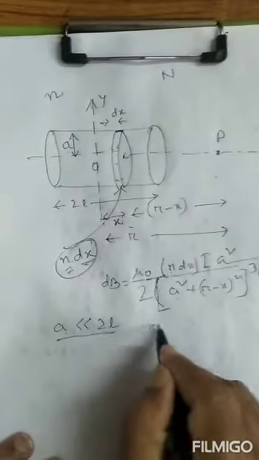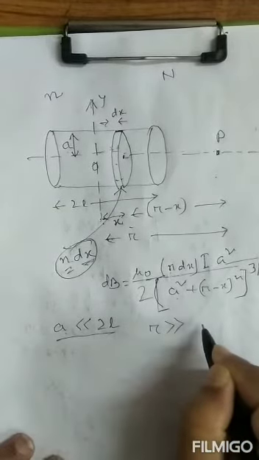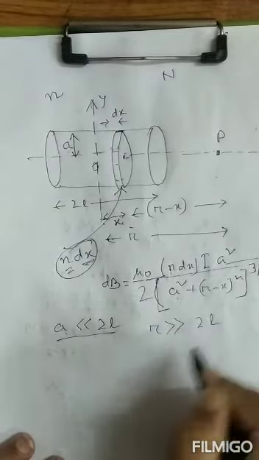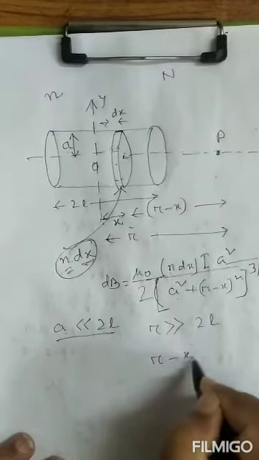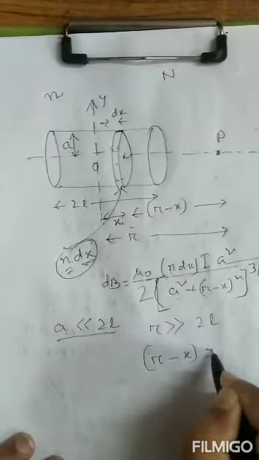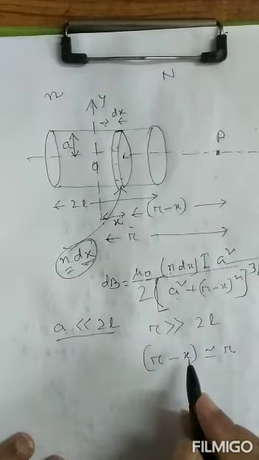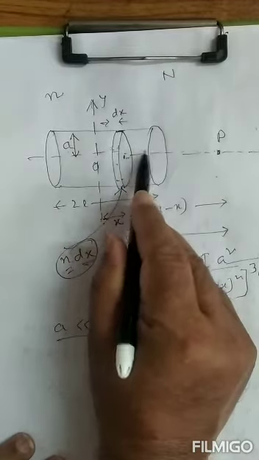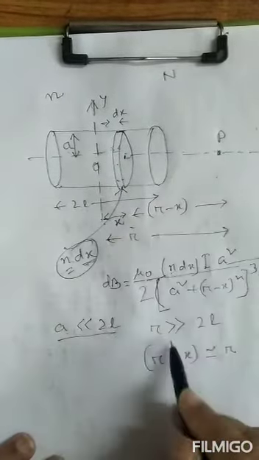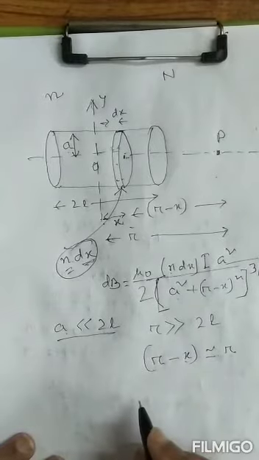That means R is very, very much greater than, normally, twice L. And under that situation, R minus X is equivalent to R. Normally this distance is very, very small and this distance is very large. So R minus X is equivalent to R.